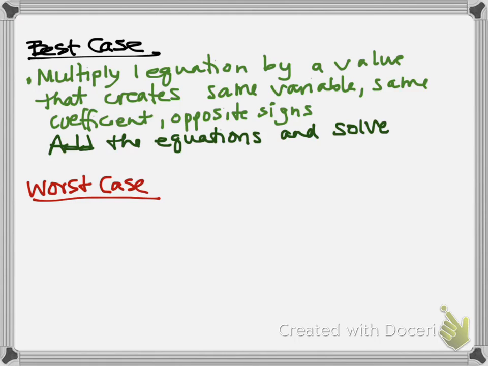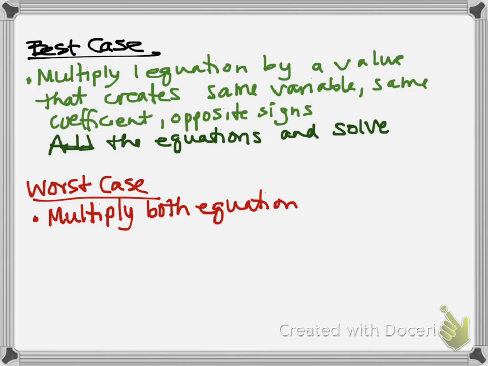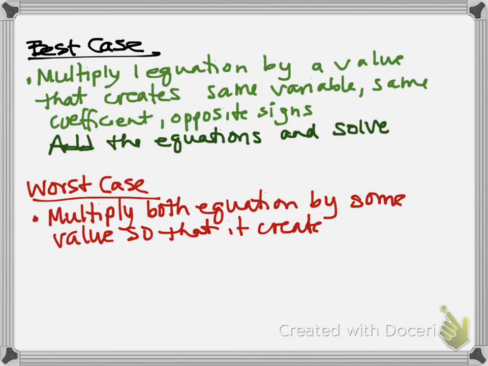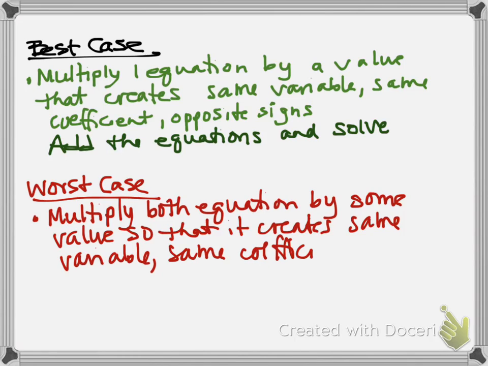Okay? So worst case, you're going to multiply both equations by some value so that it creates same variable, same coefficient, opposite signs.